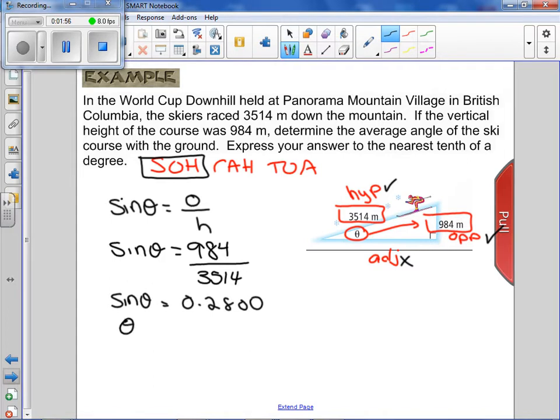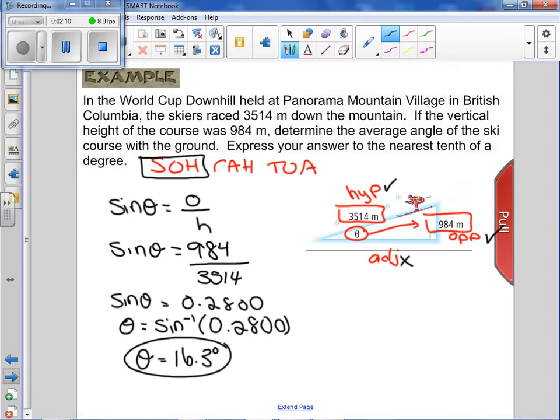Now to find the angle, I need the inverse of sine. So I'm going to hit second, or shift, whatever one you need on your calculator. And I get an angle that is roughly 16.3 degrees. So again, the work in this lesson is no different, besides you deciding which one you got to use, sine, cos, or tan.